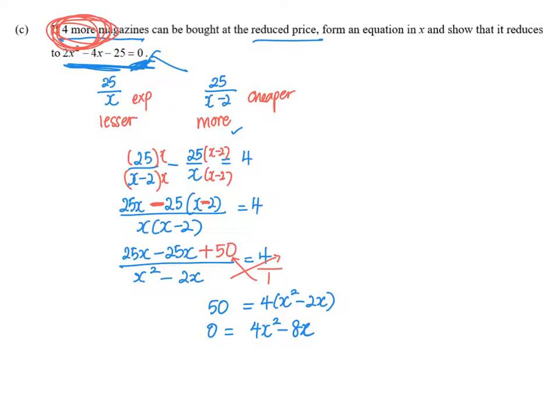And now this will become, from positive 50 become negative 50. We'd like the coefficient of x squared to be 2, so I'm going to divide throughout the equation by 2, minus 4x minus 25, and 0 stays 0, so this is shown.